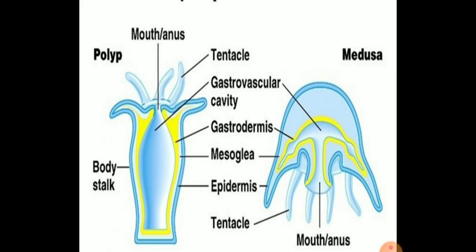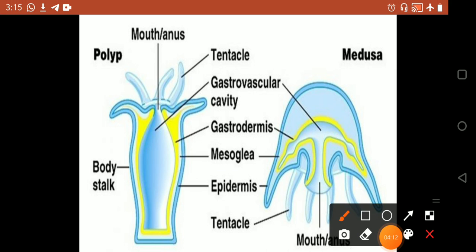You can see the outer layer and inner layer, and also the mesoglea layer which separates the inner and the outer layer. Inside it has the cylinder, or gastrovascular cavity. This is how they are separated.